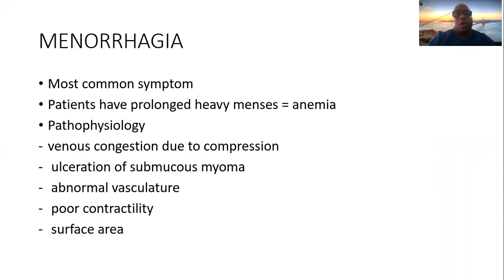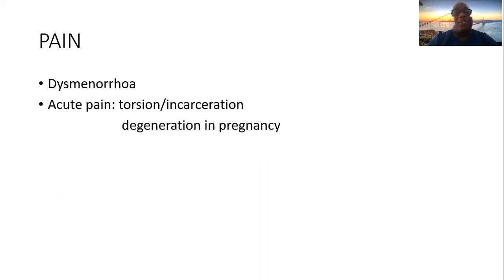So we have said menorrhagia is the most common. Patients have heavy menses leading to anemia, and it's due to an increased surface area, where the endometrium is stressed and forms a very large surface area when the menses come around.